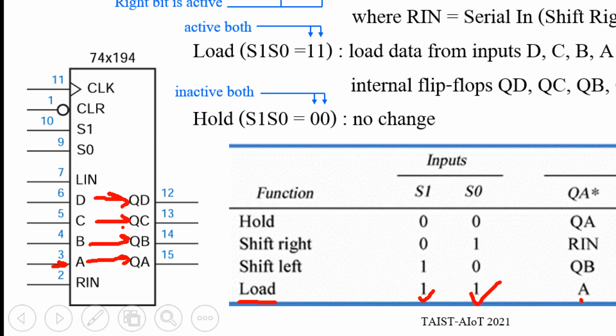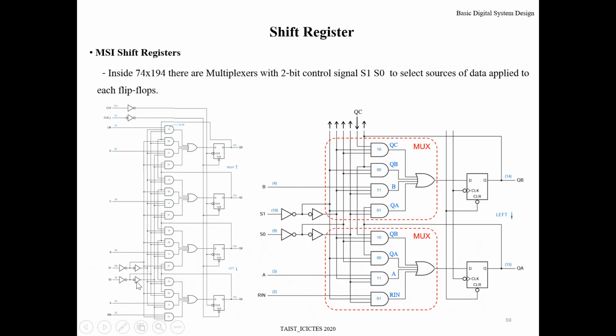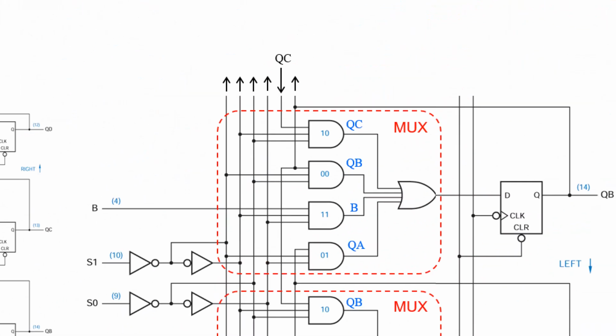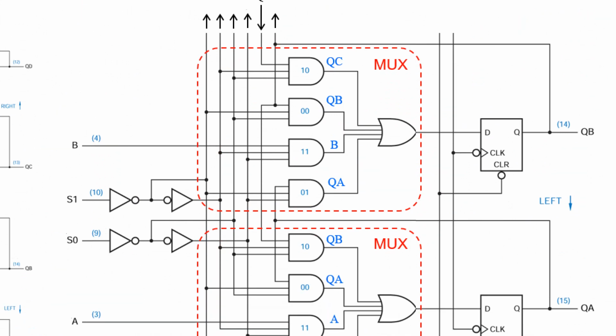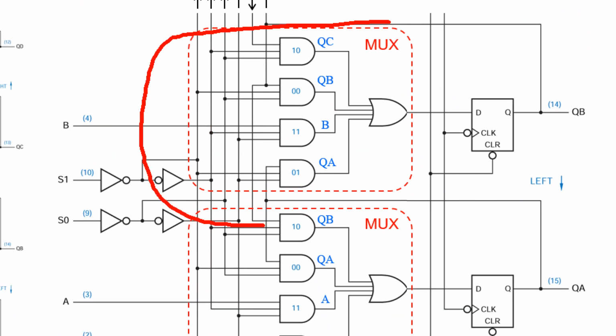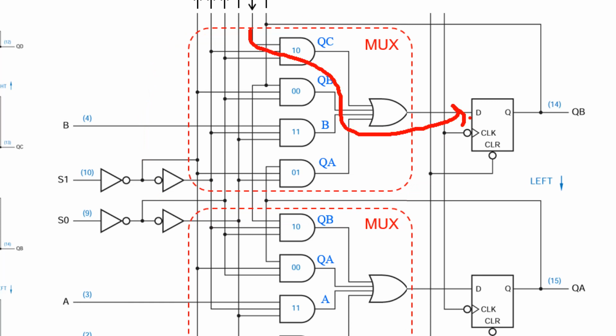Now this one shows the internal circuit of this IC. Actually, it uses a multiplexer to select which data should feed to the input of the flip-flop.